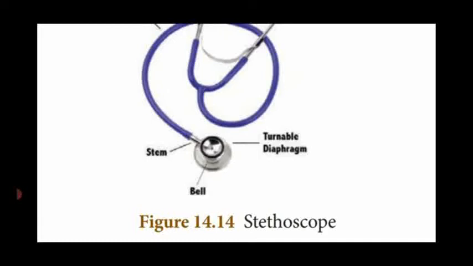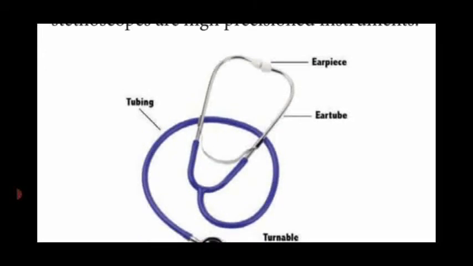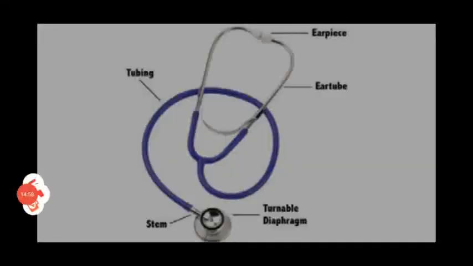This bell is placed on your chest. With the help of the earpiece, we can hear the sound produced by the internal organs of our body. Particularly, we can identify the heartbeat with the help of the instrument known as the stethoscope.